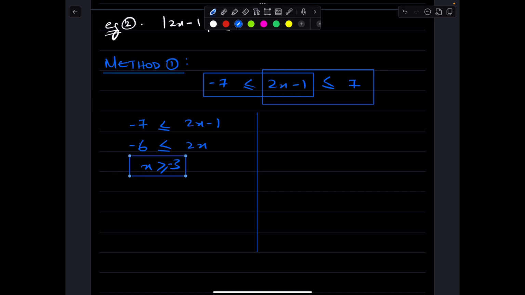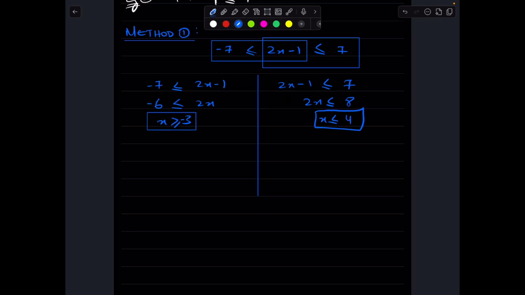Following the second part of the inequality, we have 2x minus 1 is less than or equal to 7. We can write this as 2x is less than or equal to 8, and x turns out to be less than or equal to 4. So our answer is x is less than or equal to 4 and greater than or equal to minus 3.